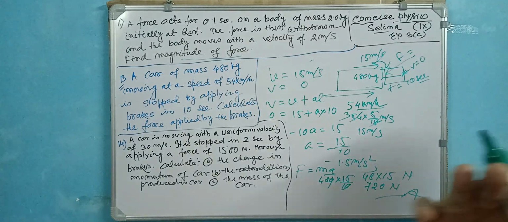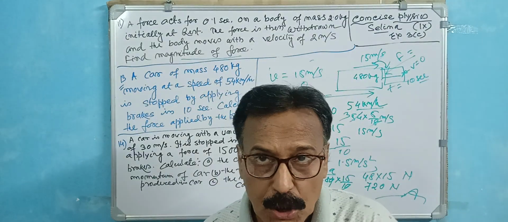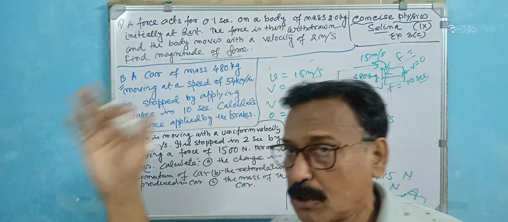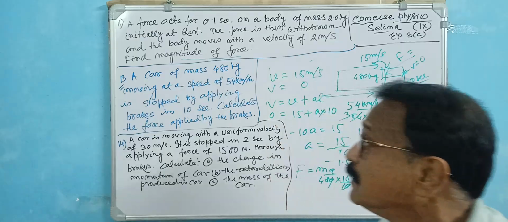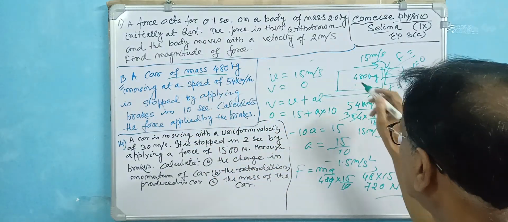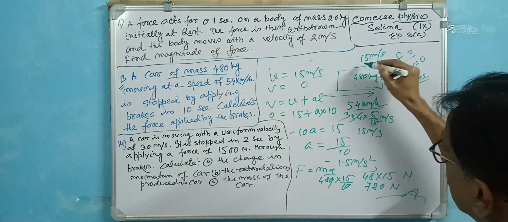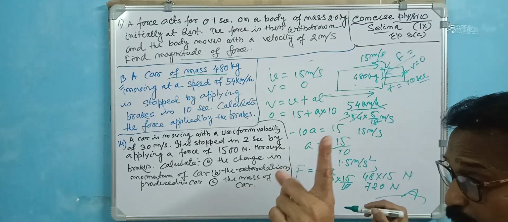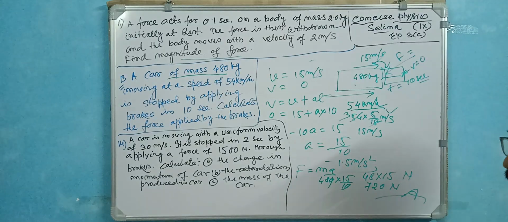Very easy, if the concept is clear to you and you remember all these formulas, in which way you calculate, it automatically grows up. See how I am doing it: a car of mass so many kilograms is moving with a velocity of 54 kilometers per hour. The first thing is the unit, meters per second, 5 by 18, as I already said.